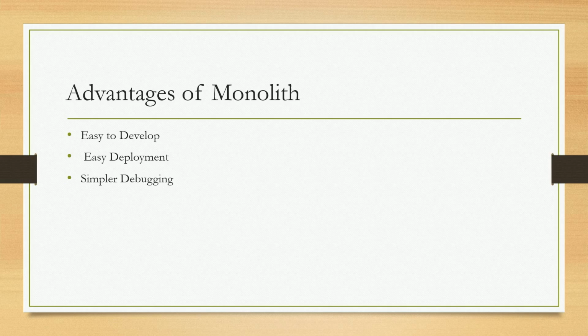Everything exists in one application, so it is easy to debug. Next is better for small applications, perfect for MVPs, internal tools, small business apps. And the next one is lower infrastructure complexity. In the monolith architecture, there is no need for API gateways, service discovery, and distributed tracing.